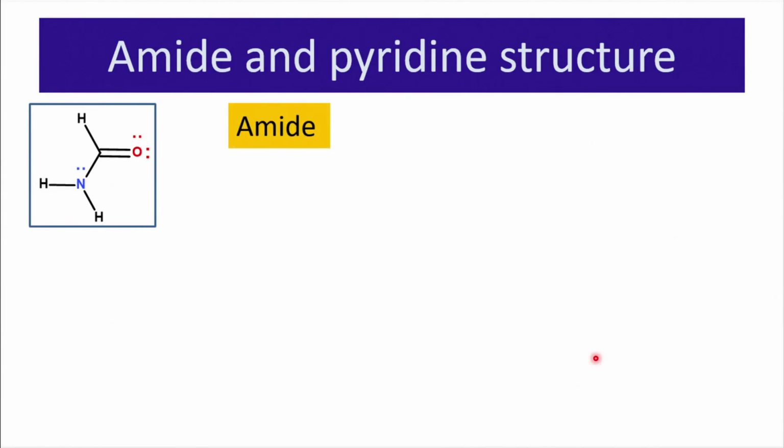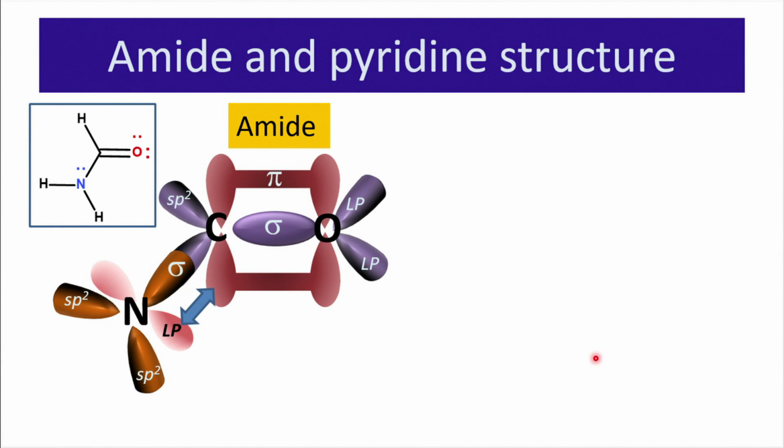So let us look at how the amide structure can be explained based on this different orbital approach. Here is the structure of the amide. The nitrogen has sp2 hybridization, as we have seen in the previous slide. The carbonyl carbon-oxygen double bond has one sigma bond and one pi bond.